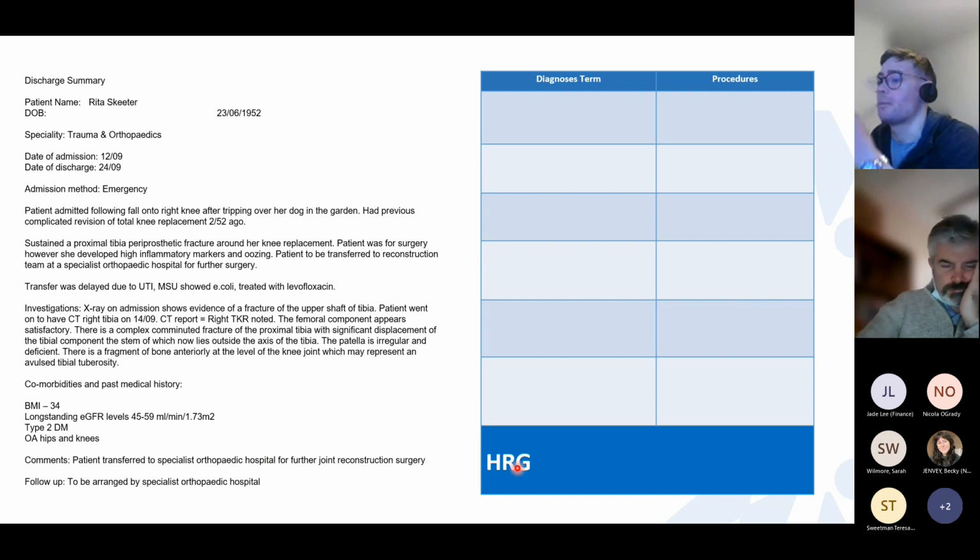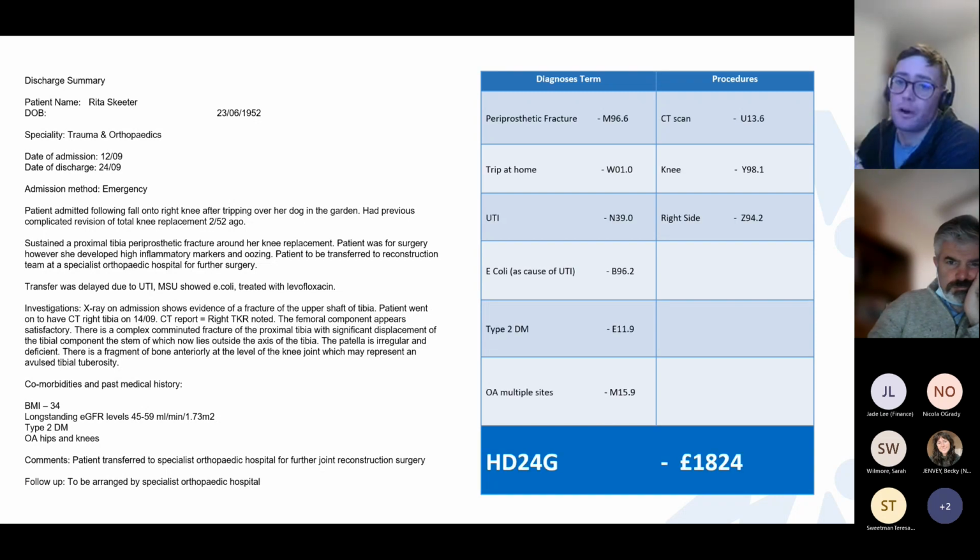So the codes that we get are, if the page wants to load. So we've got our periprosthetic fracture caused by a trip, got our UTI caused by E. coli, we've got type 2 diabetes, and we've got the osteoarthritis, and then our CT scan.